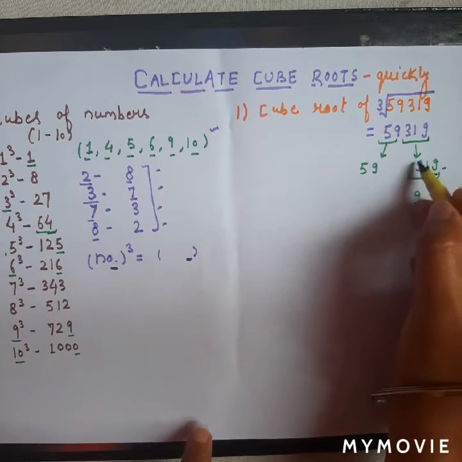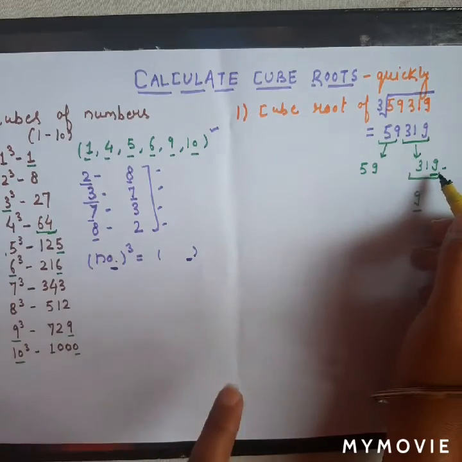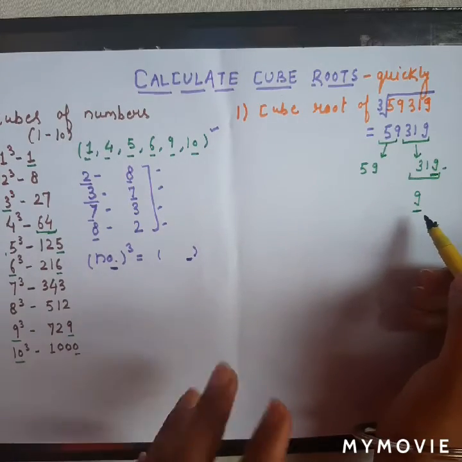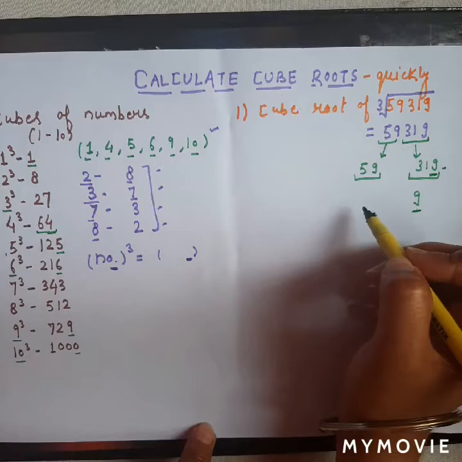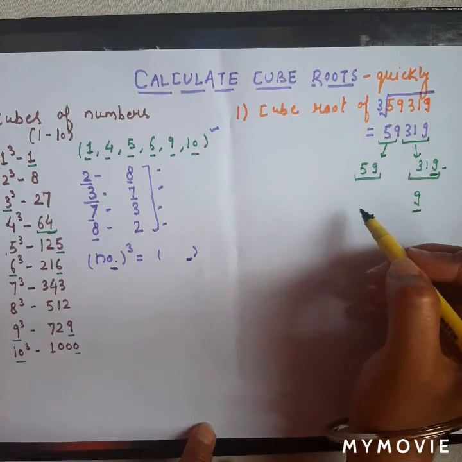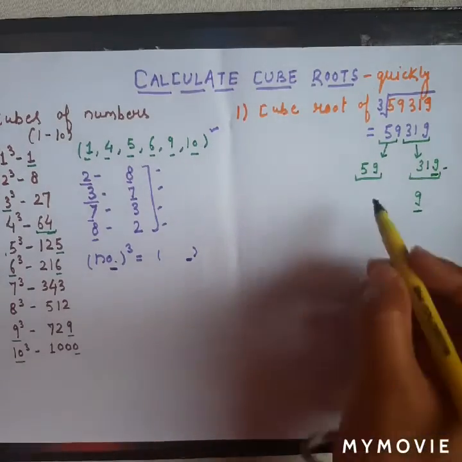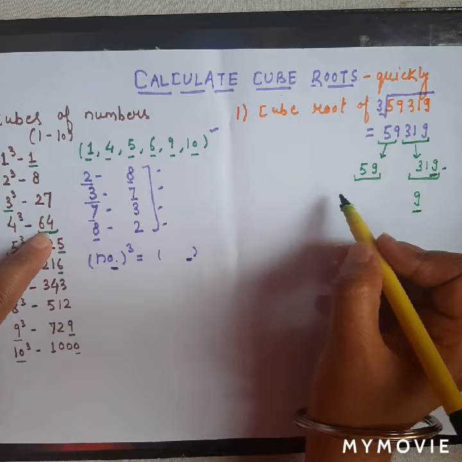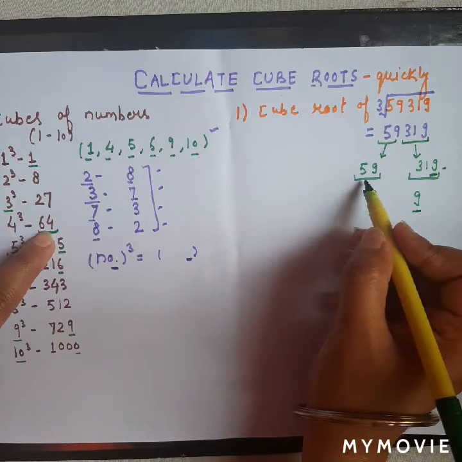So the cube root of this particular number is approximately, because we are using a trick, so we will write here approximately 9 just for the time. And then find the cube of a number that is less than 59. 64 is near to 59, but it is not less than 59.